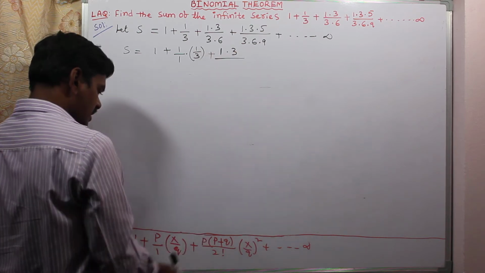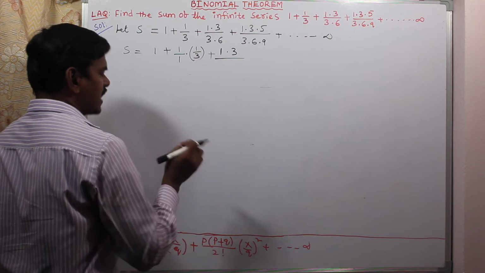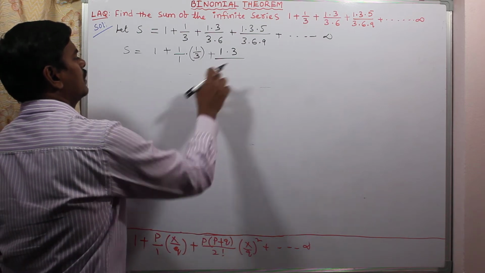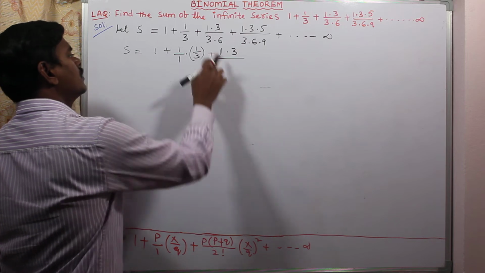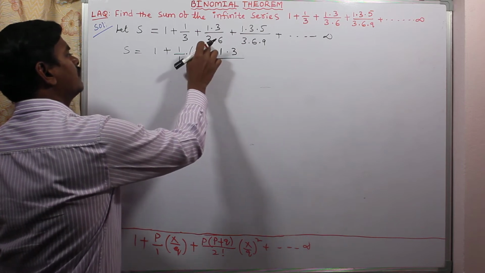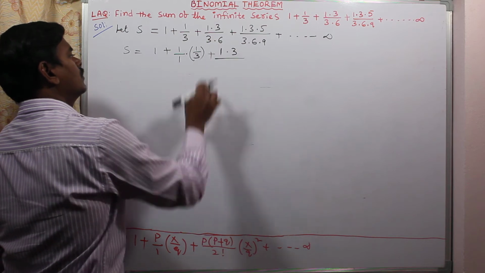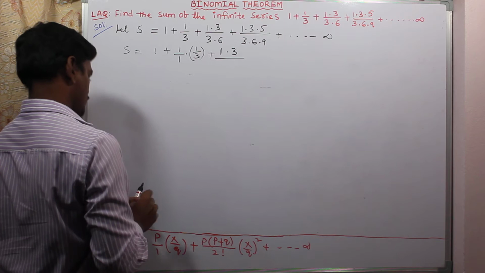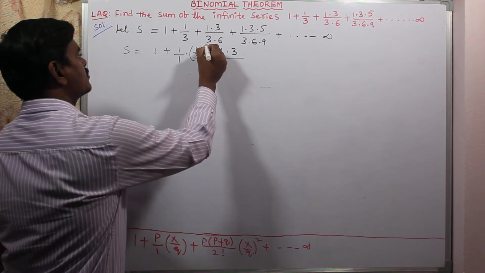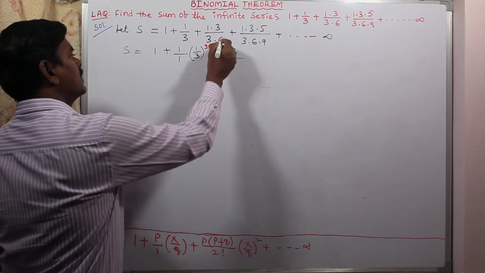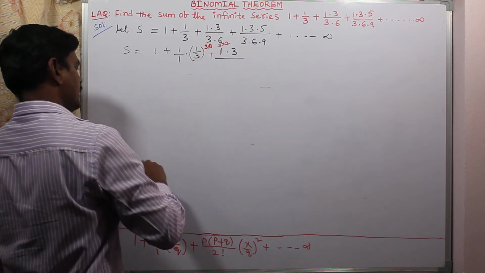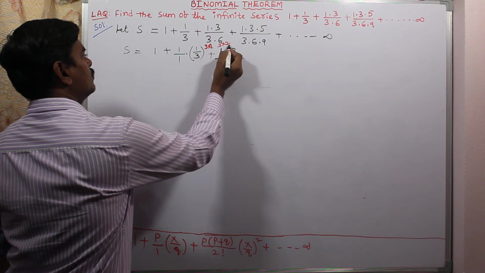And what about the denominator? In the denominator I should have 2 factorial. 2 factorial is nothing but 2 into 1 or 1 into 2. So we have to separate 1 and 2. How can we assume 3? 3 can also be assumed in the form of 3 into 1. 6 can be assumed in the form of 3 into 2. I need 1 into 2.